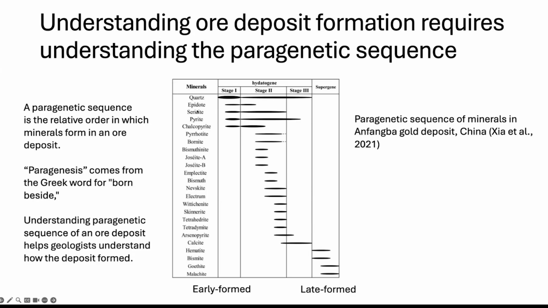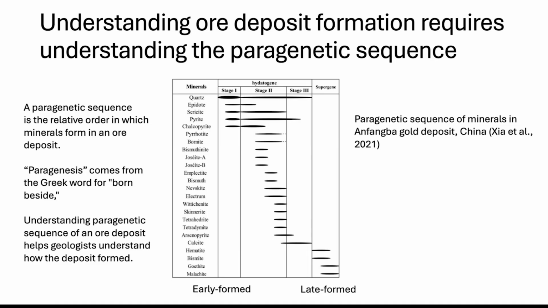Quartz, epidote, cerussite, pyrite, all sorts of things. And you can see that by microscopic observations, whoever made this is breaking down the minerals into ones that formed early and ones that formed late. And that's just from textural relationships and reaction relationships.